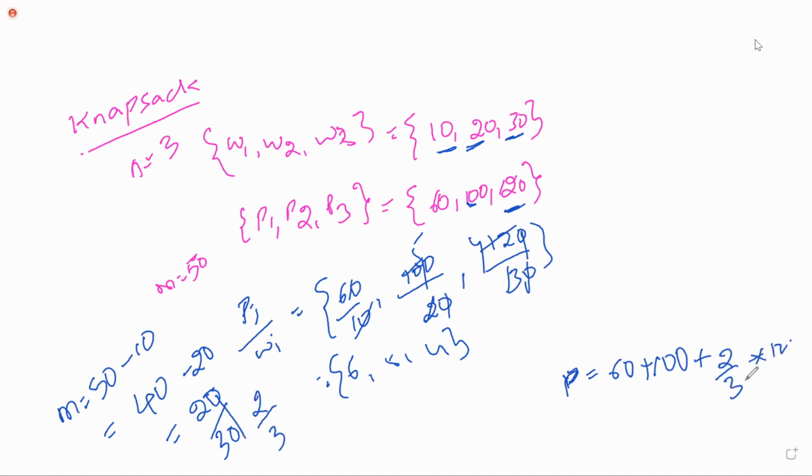So 2/3 into 120 is 80. What is the final profit I got? 80 plus 60 plus 100, that is 240. Is anybody having a doubt regarding this? If you have any doubt, please let me know. Respond.